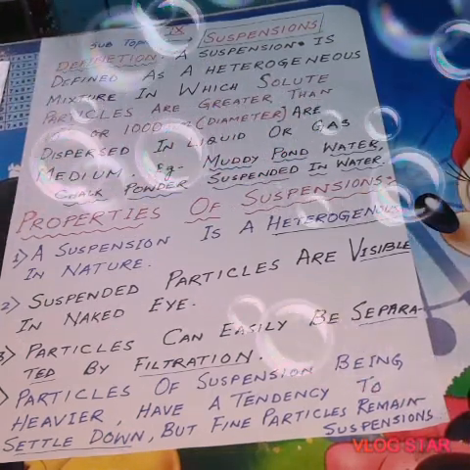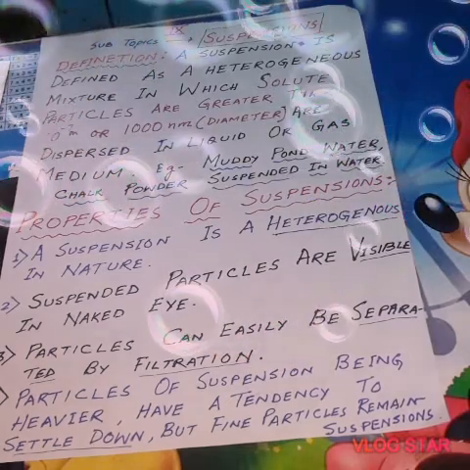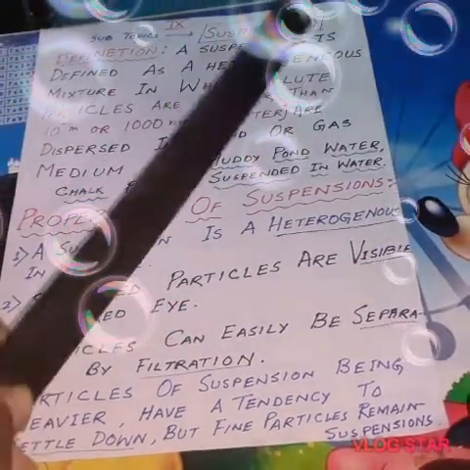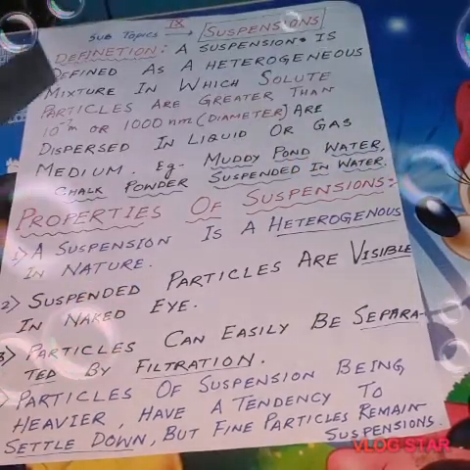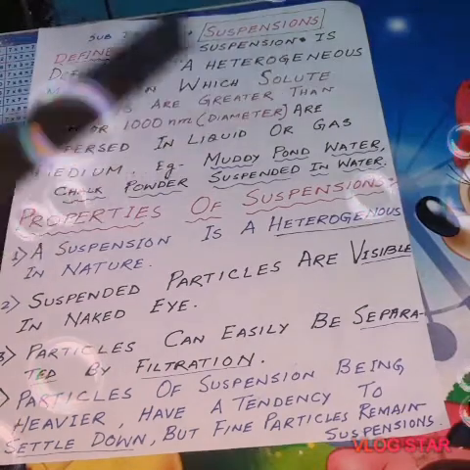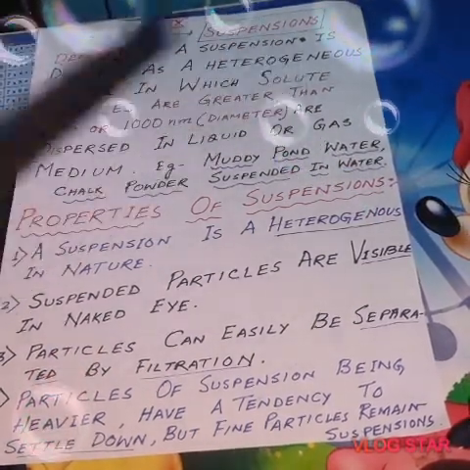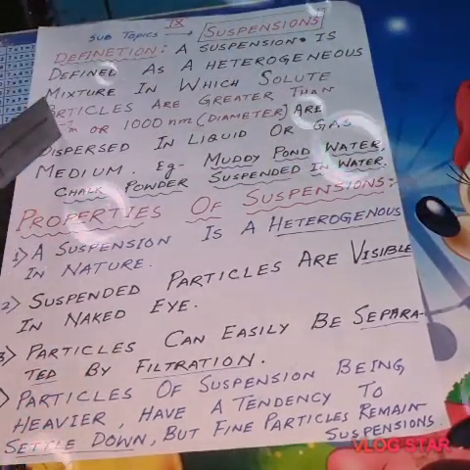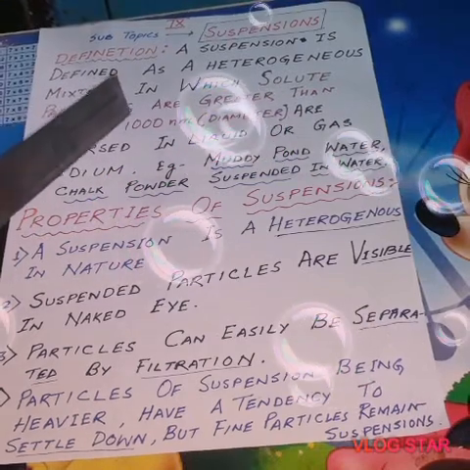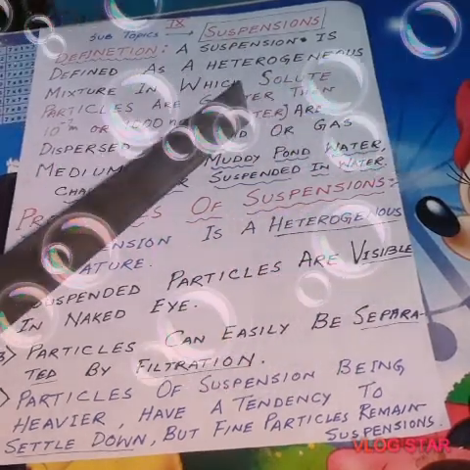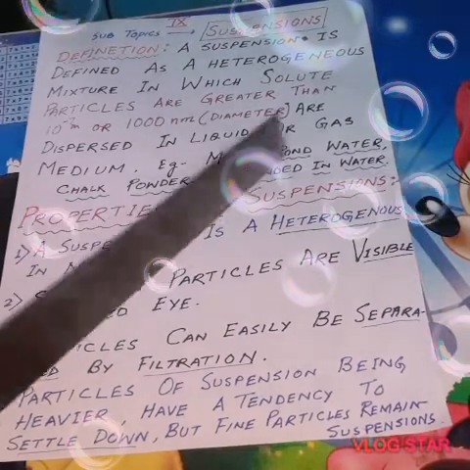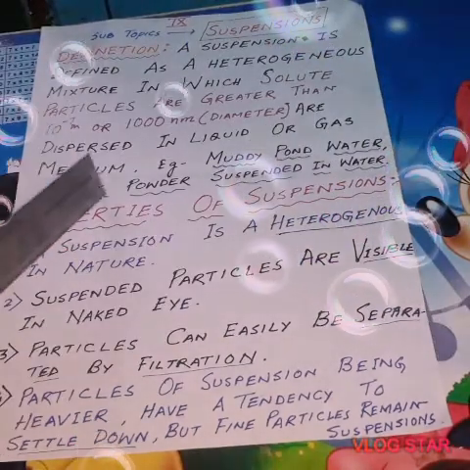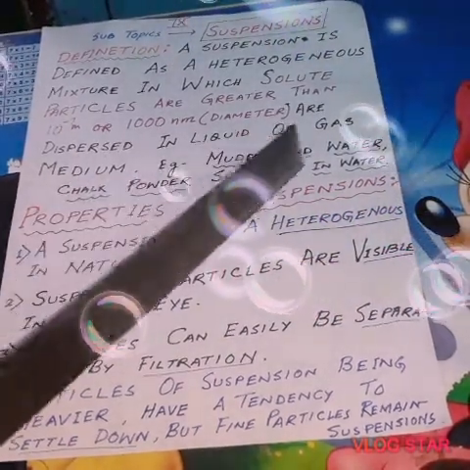Definition of suspension: a suspension is defined as a heterogeneous mixture in which solute particles greater than 10 to the power minus 7 m, or 1000 nanometer, in diameter are dispersed in a liquid or gas medium. Example: muddy pond water or chalk powder suspended in water.